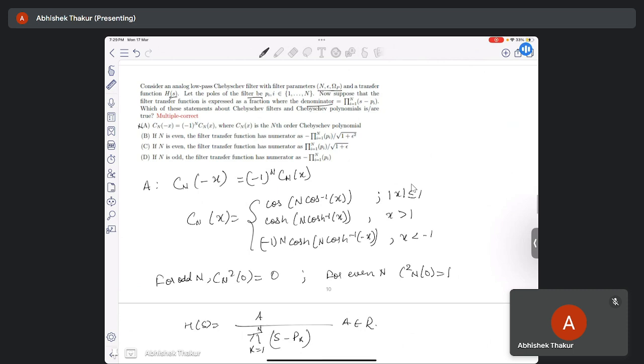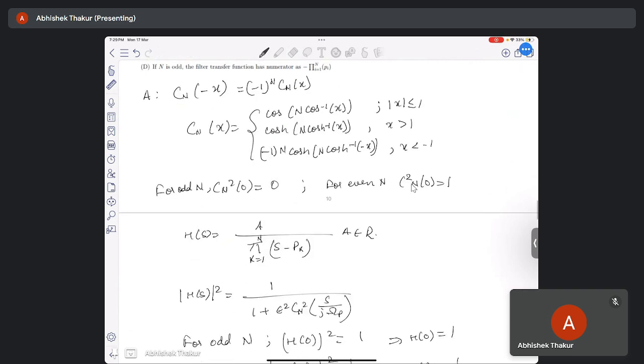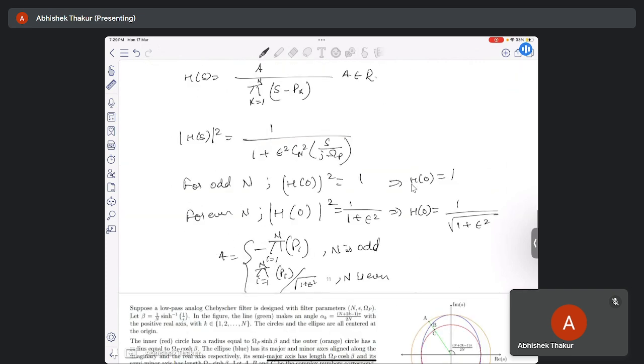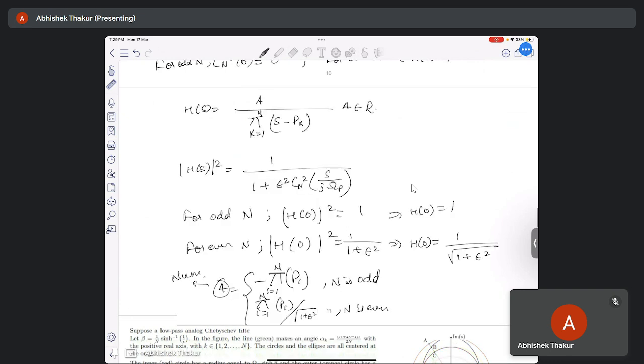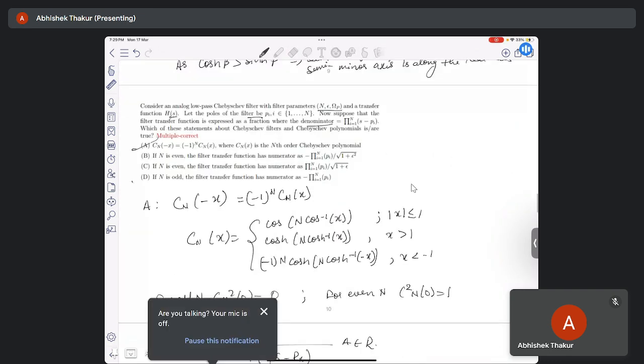Sorry, option A is incorrect, as we can verify. So option B is correct, and for n odd, the filter transfer function has numerator A. So option D is also correct.